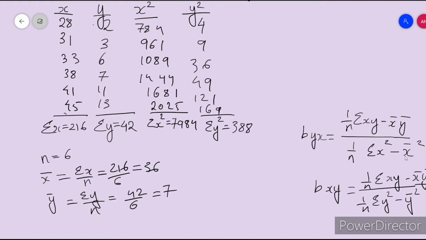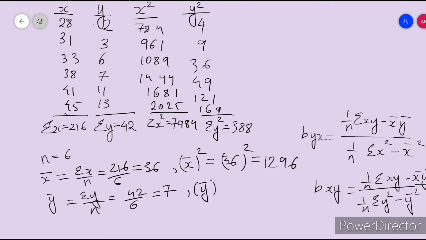So we already know the mean values. The arithmetic mean of x is 36, and the square of that is 1296.